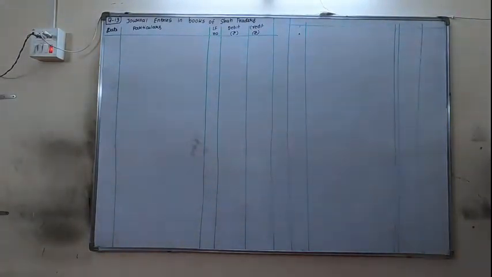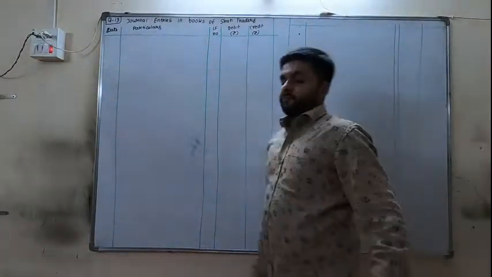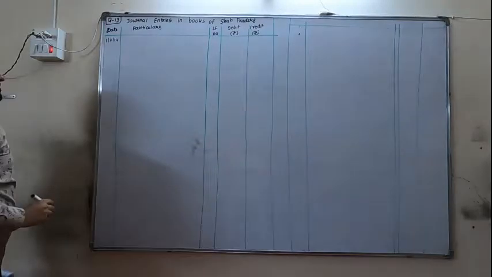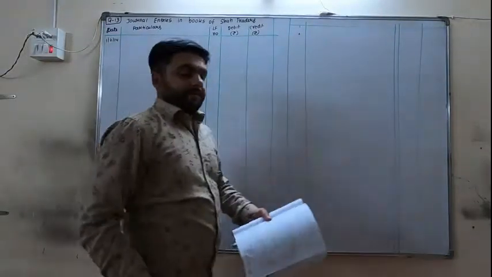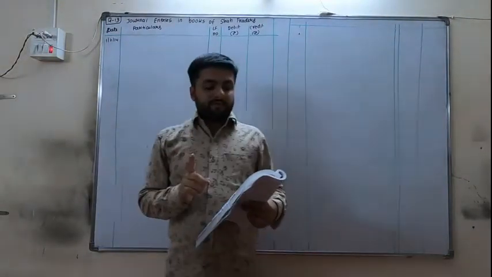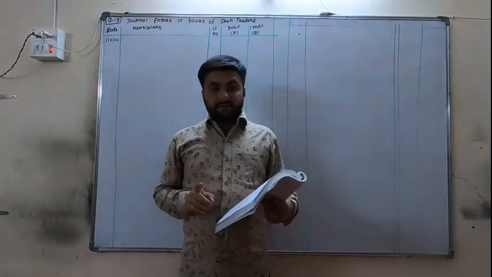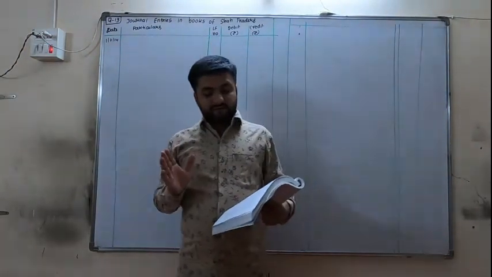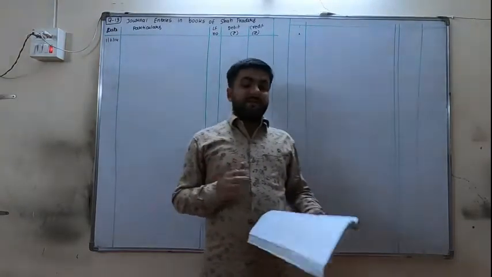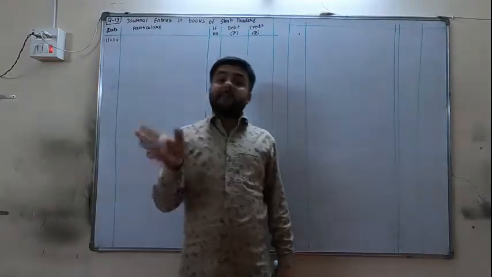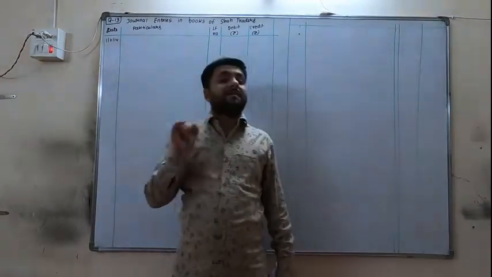Yes, let's start. First date is 1st July 2014. Brought 50,000 cash, debtors 20,000, stock of goods 10,000, creditors 5,000, and commenced the business. So we are bringing the assets as well as a liability to start the business.